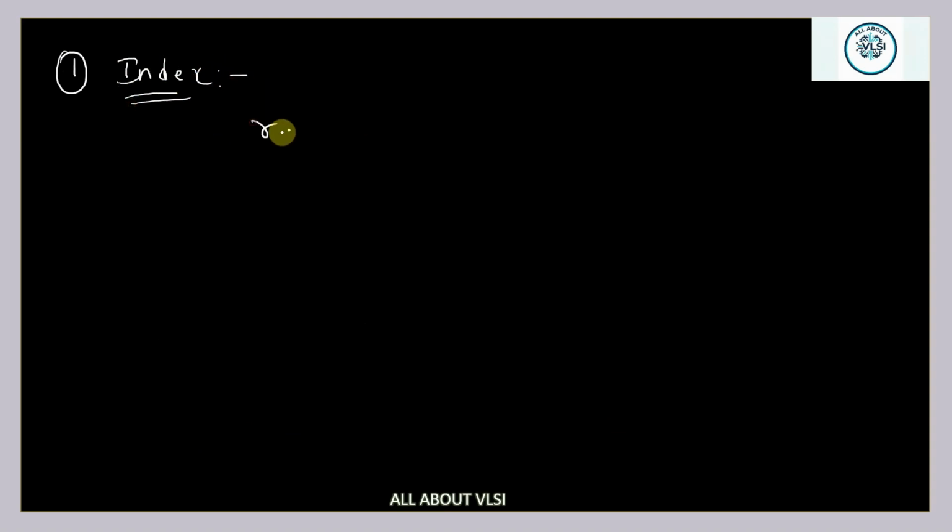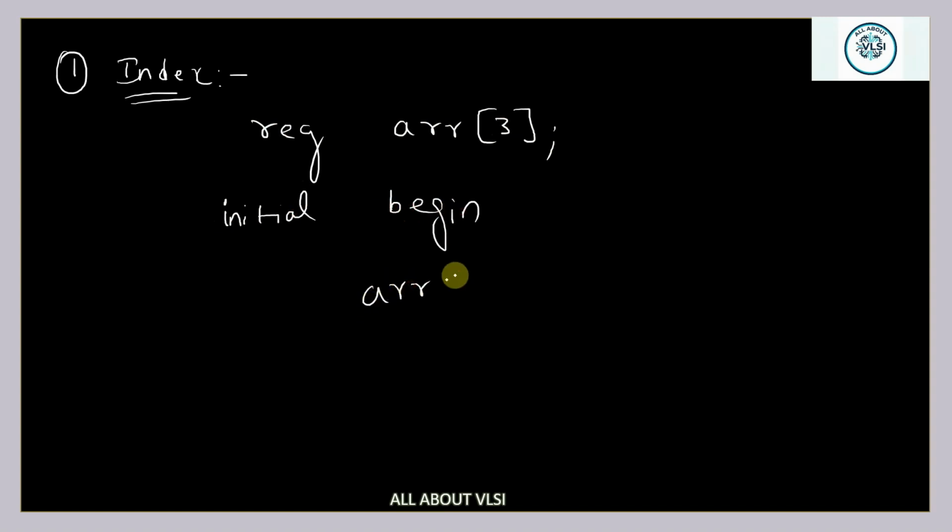How to assign? Let's say I have an unpacked array reg ARR of 3. Within an initial begin block, I write ARR of 0 is equal to 1 and ARR of 1 is equal to 2, and sorry, it's a single bit reg, right? Before that, this is by index.